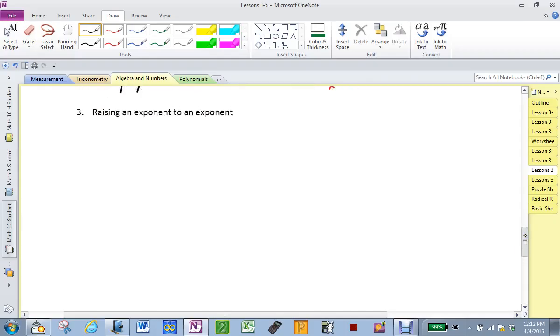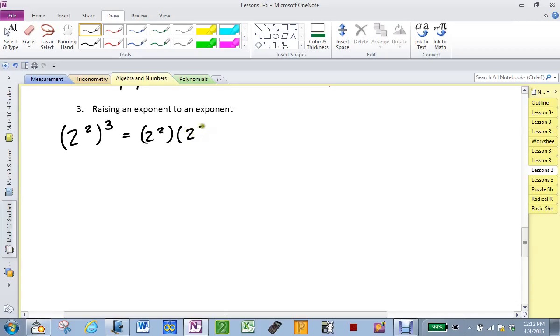Raising an exponent to an exponent. Okay? 2 squared cubed. What does that mean? 2 squared. How many times? Thrice. And what does that mean? 2 times 2. 2 times 2. 2 times 2.